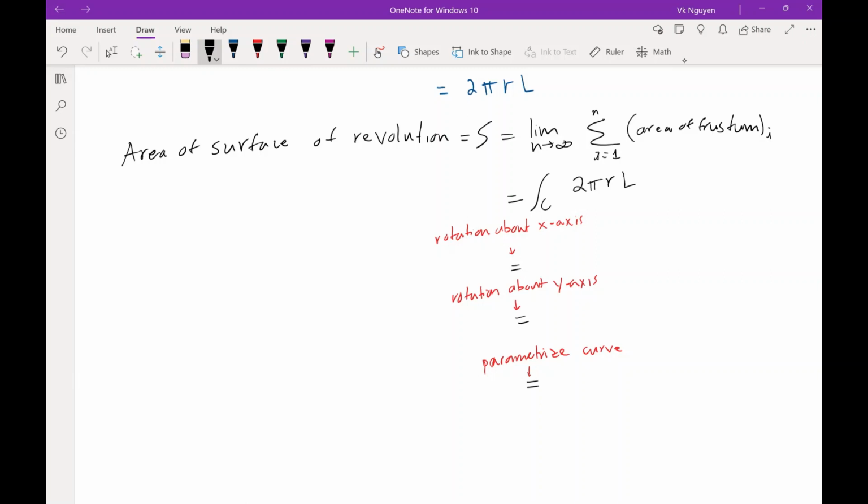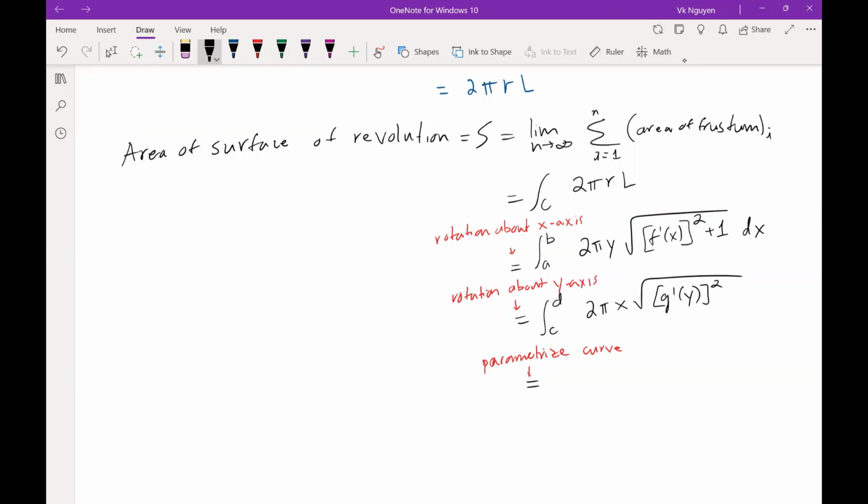If we rotate about the x-axis, then we have the integral from a to b of 2 pi y times the square root of f prime of x squared plus 1 dx. And if we rotate about the y-axis, then it would be from c to d of 2 pi x times the square root of g prime of y squared plus 1 dy.